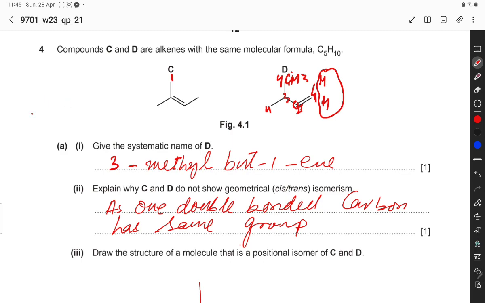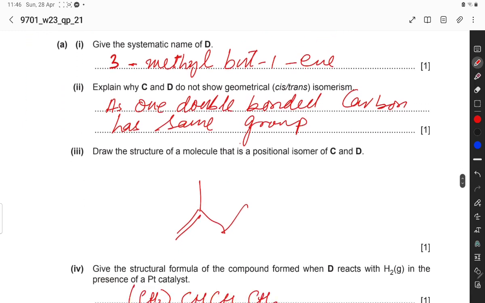Look at this CH3, this is CH3, and this is the same group of atoms. That's why C and D do not show geometrical isomers.